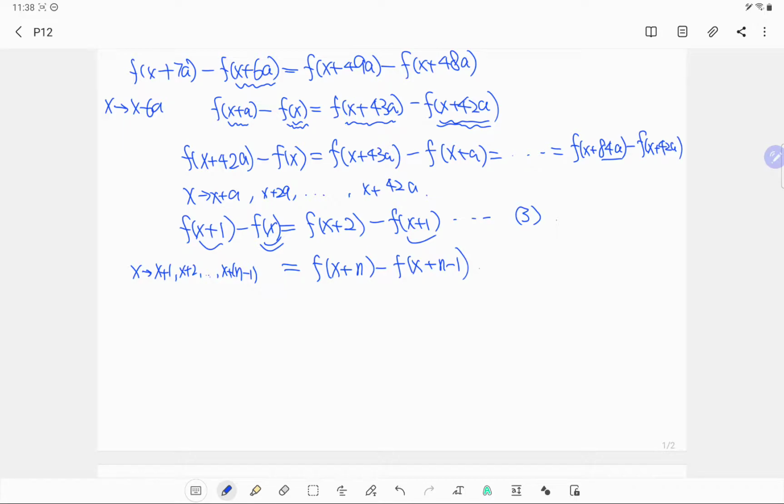So here, let's say there exists x_0 such that f(x_0+1) - f(x_0) is not equal to 0.